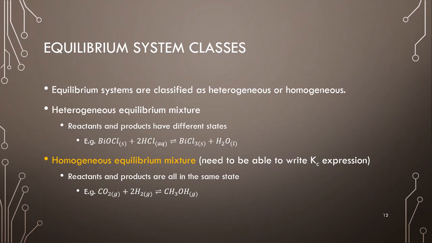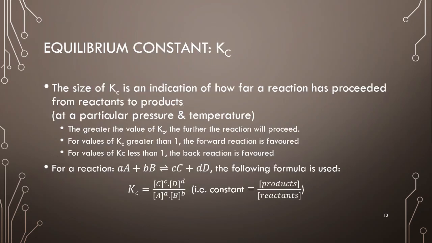So what you are asked to do is find the Kc value for a homogeneous equilibrium mixture. And probably all the questions will be in homogeneous mixtures, because I kept seeing that word in the description of what you are meant to learn. Right, a bit of math here.